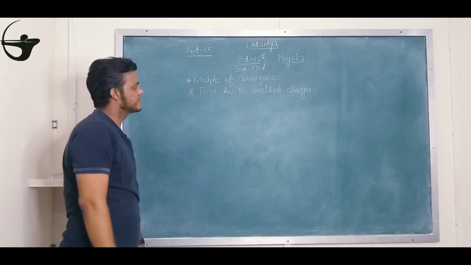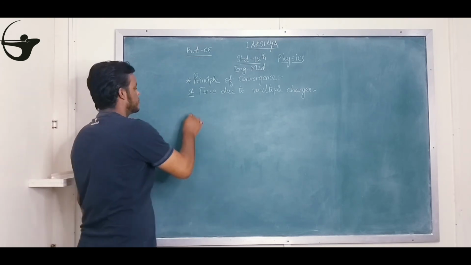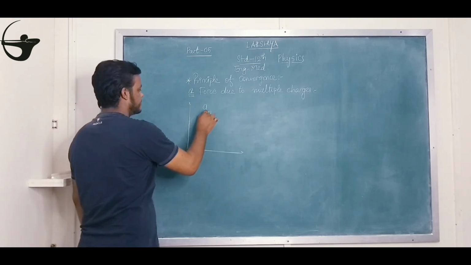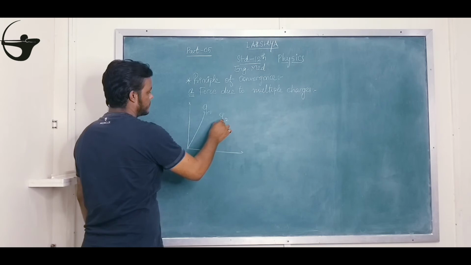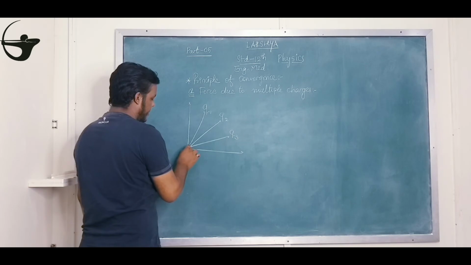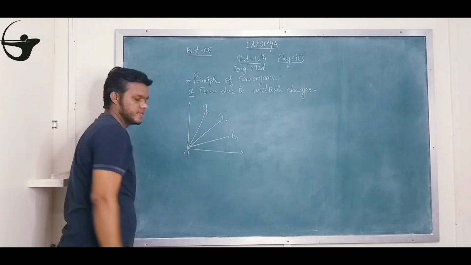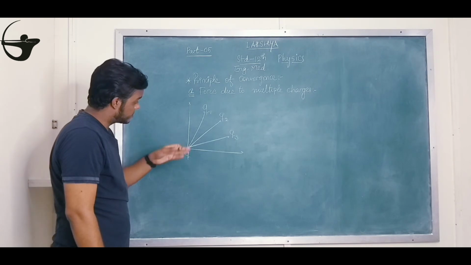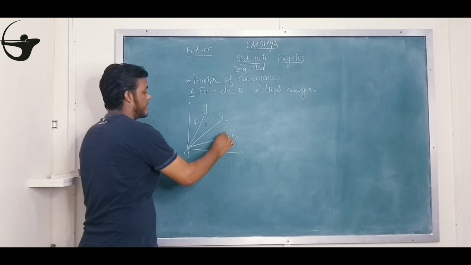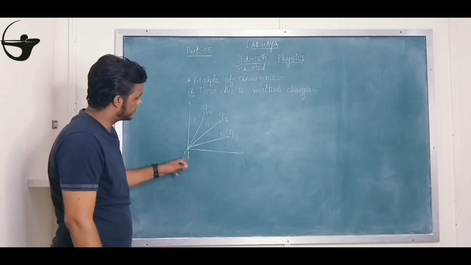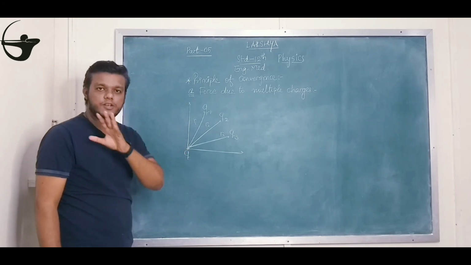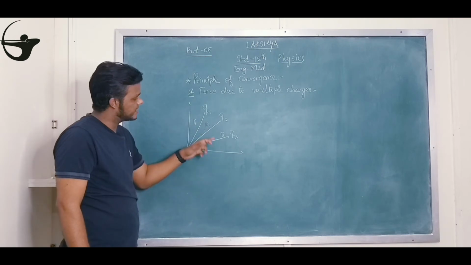So friends, let's consider a system having more than two charges. Suppose this is a system having Q1, Q2, Q3, and here at the origin a charge of Q coulomb, and the distances of Q1, Q2, Q3 are R1, R2 and R3 respectively from the charge Q. Now we want to calculate the total force on Q by these three charges.